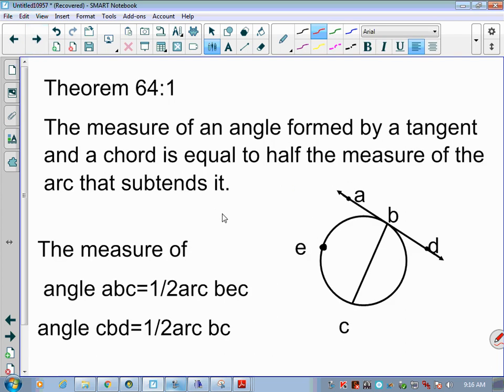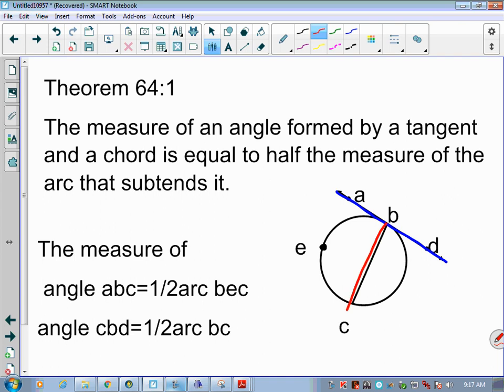All right, Theorem 64-1. Brady, why don't you tell me about Theorem 64-1? The measure of an angle formed by a tangent. Notice that line AD is a tangent line, and I have chord CB here.